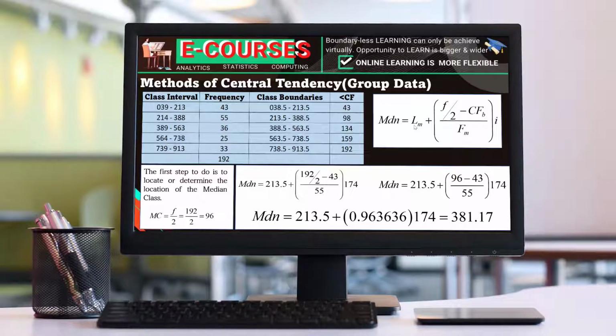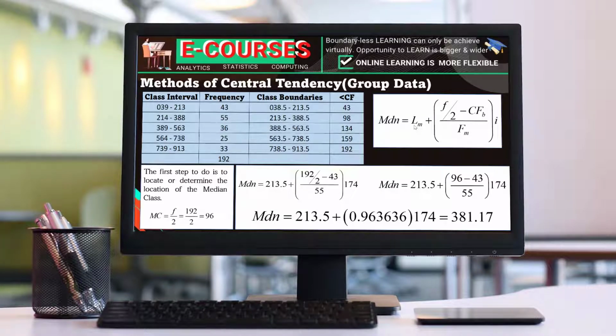So 214 minus 0.5 is 213.5. That is the LM, 213.5. Then 192 divided by 2 minus 43.